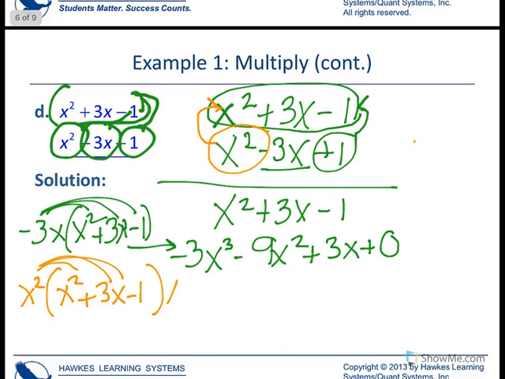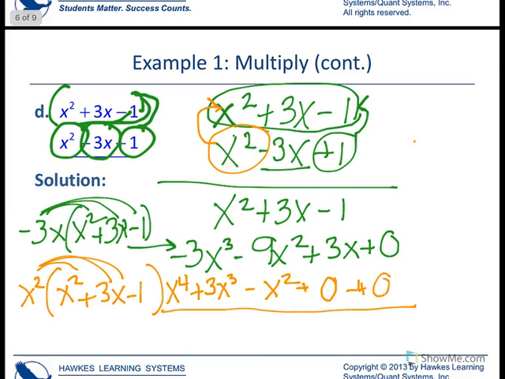And then I'm going to get an x to the fourth plus 3x to the third. I have no x squareds, but I do have an x squared. I have no regular x's, so I'm going to put a plus 0 and a plus 0. And then I'm going to combine them.